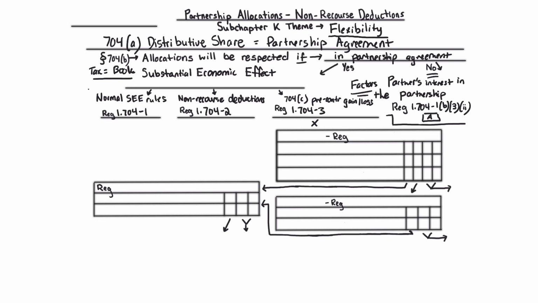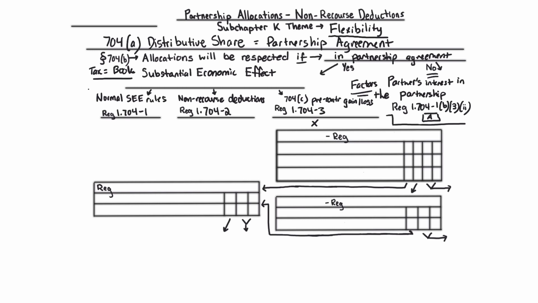We're not going to be dealing with that. We're going to assume with respect to this analysis that we have no pre-contribution gain or loss assets. So no property was initially contributed by the partners where there's a difference between the basis and the book value at the time of contribution. We're going to assume that's not an issue. So we're going to be worrying about the normal SEE rules and the non-recourse deduction rules in this presentation.